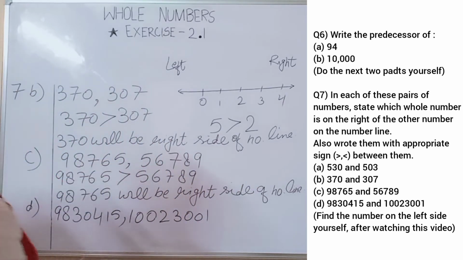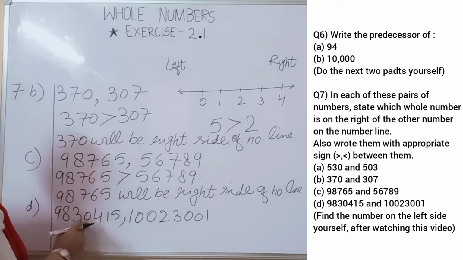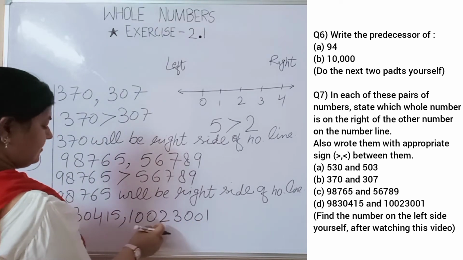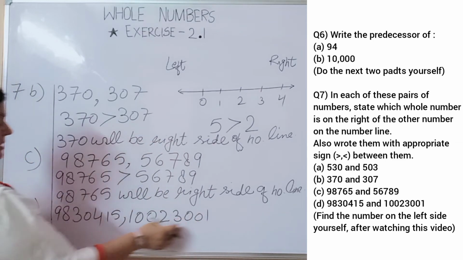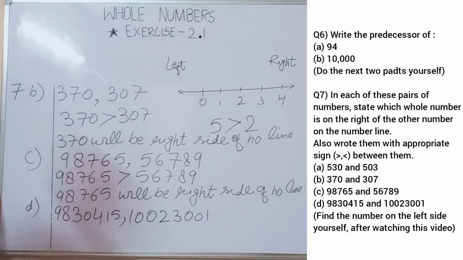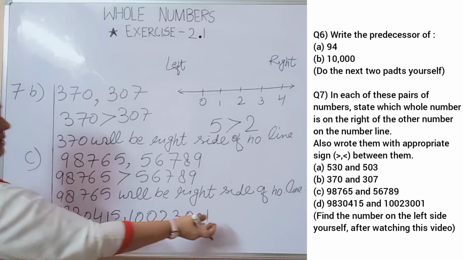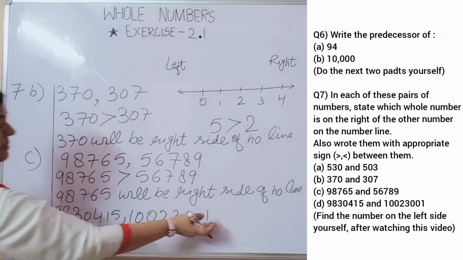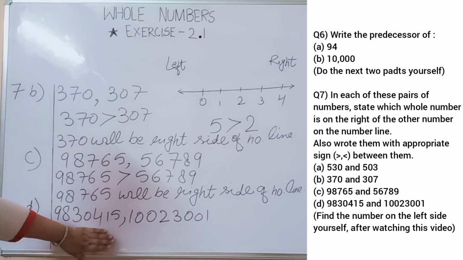We can count the digits. 1, 2, 3, 4, 5, 6, 7. We have 7 digits. 1, 2, 3, 4, 5, 6, 7, 8. There are 8 digits. And it is very simple to understand that we have more digits here than here. So this number will be bigger than this number.